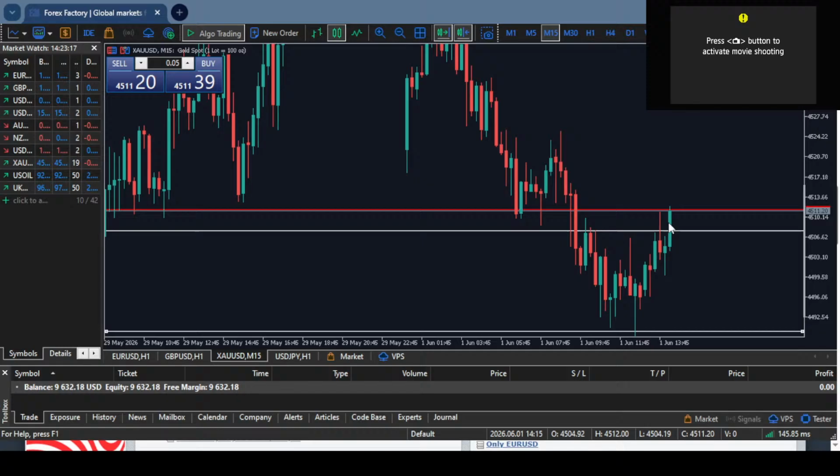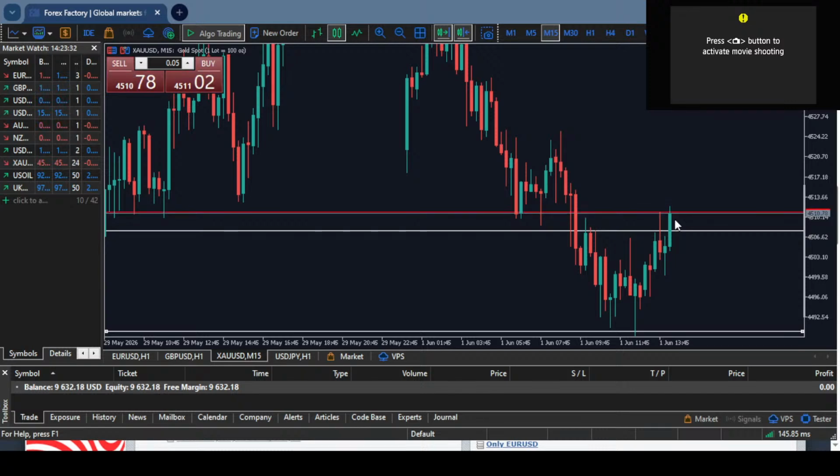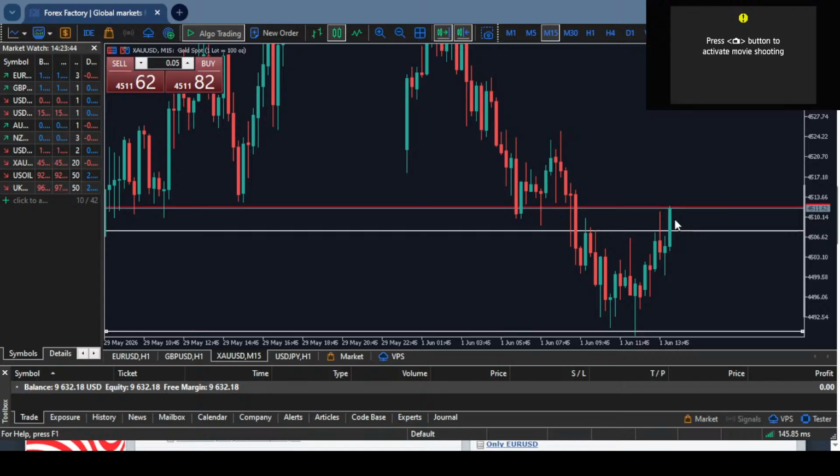If it goes down and closes somewhere here, I am looking for a buy. If it doesn't, I wait till the sun rises and gives me a clean ray of sunshine to take a bright light out of this night.